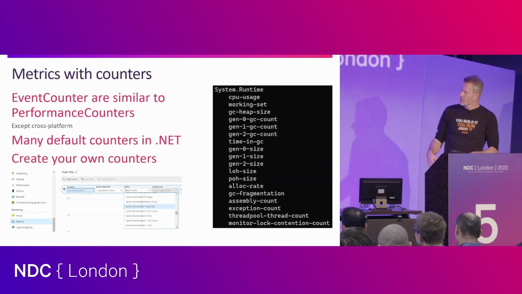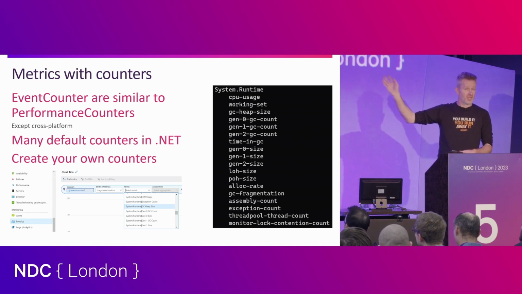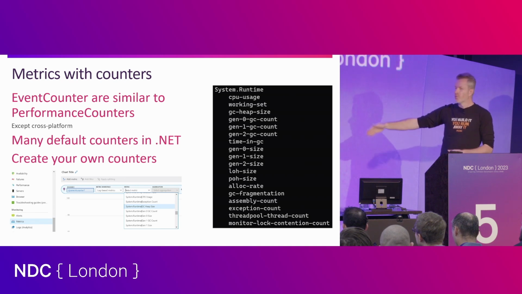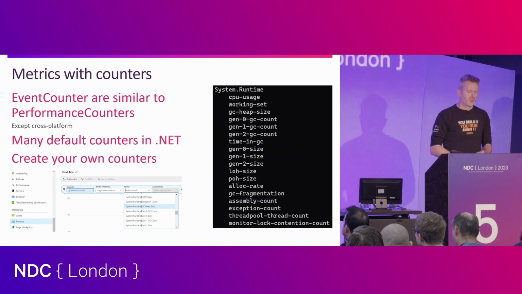Now, the event counters, they are a bit like performance counters, but that's again Windows-based. This is more cross-platform. And in .NET, in the runtime, the CLR, there's already a lot of things in there. This is just one section, System.Runtime, and you can see what is going on in there. So the obvious ones are CPU usage and the garbage collection related stuff.